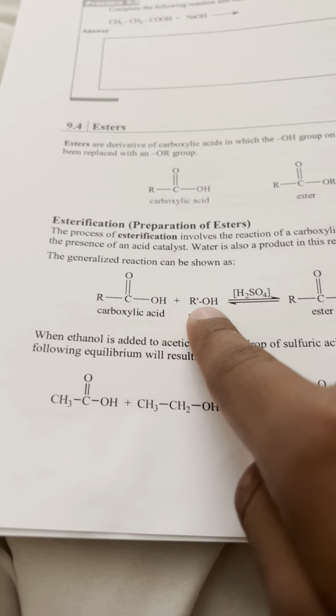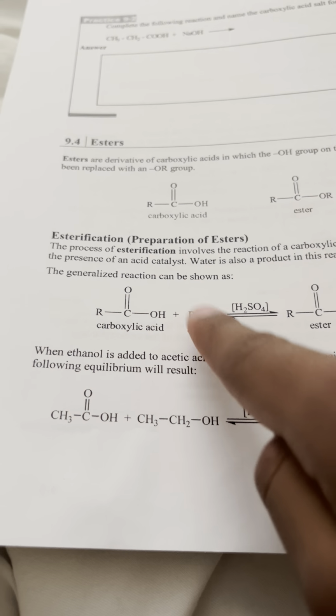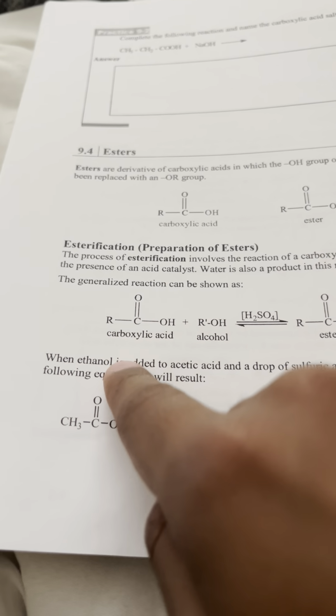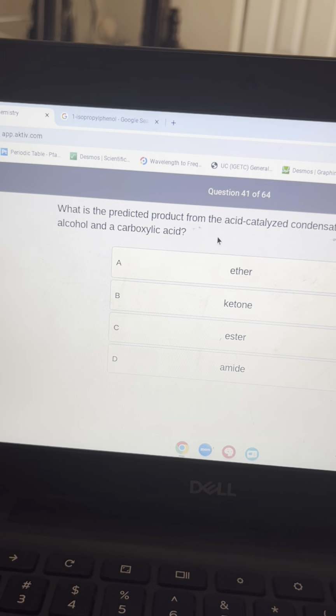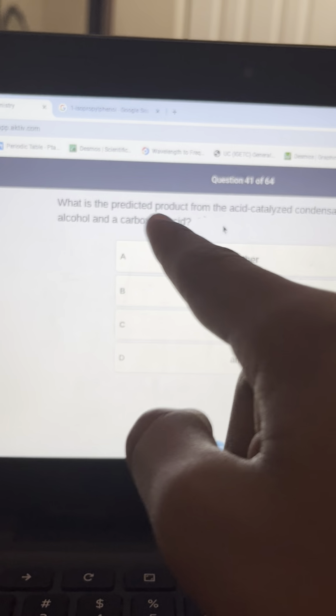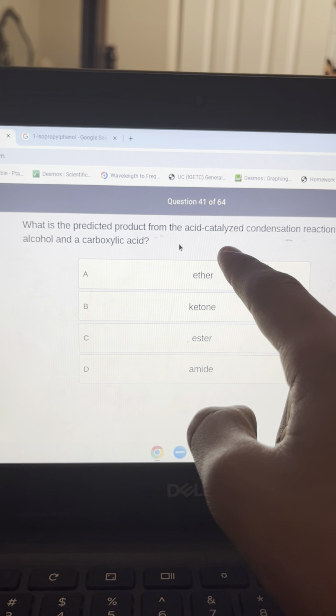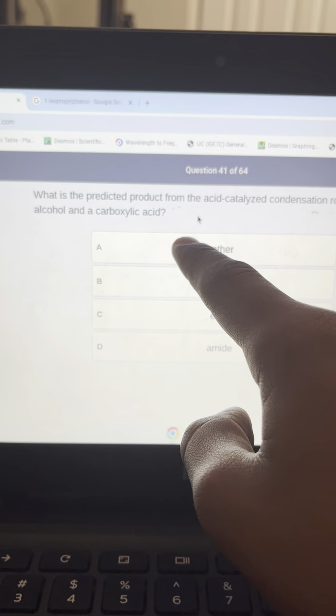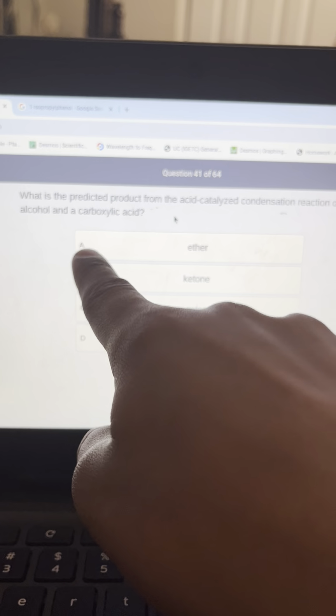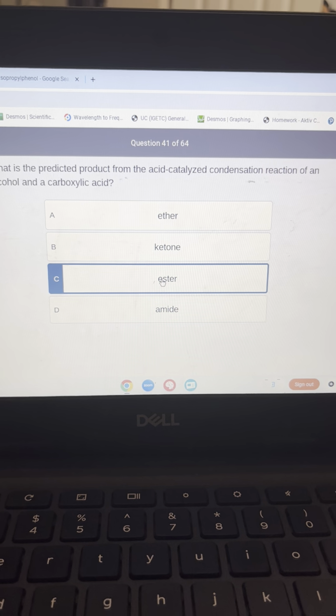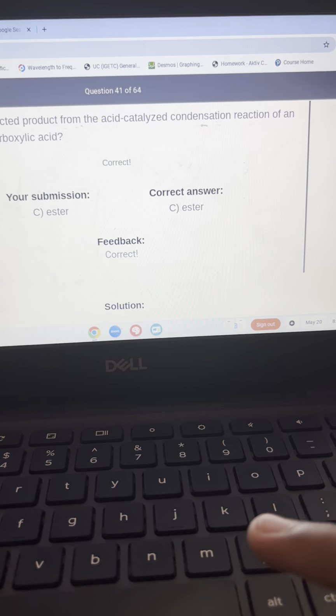But it's the carbons that are present in this alcohol right here that are being added to the carboxylic acid. But just remember, if you see acid catalyzed and then alcohol and carboxylic acid, you are turning this carboxylic acid into an ester, just like that.